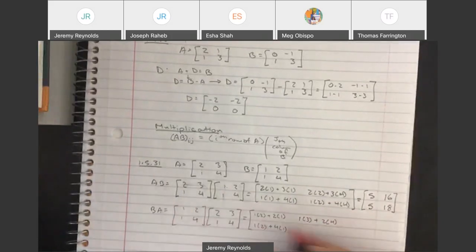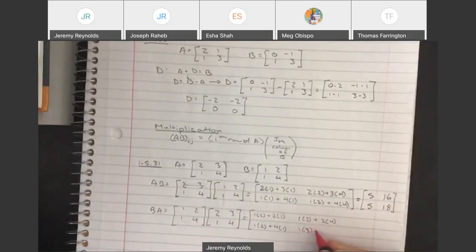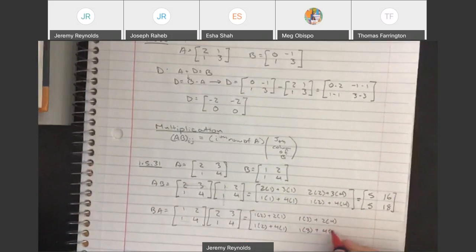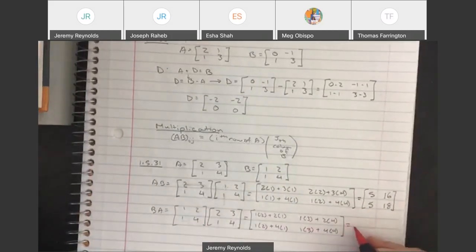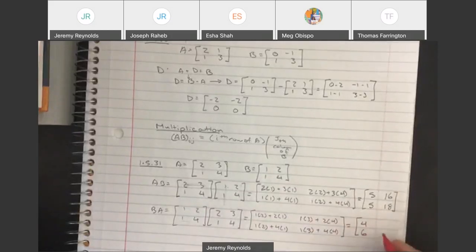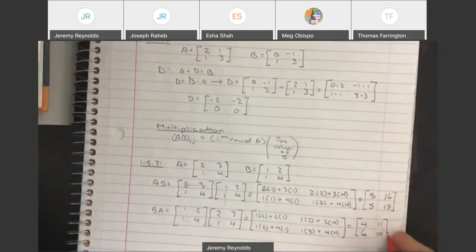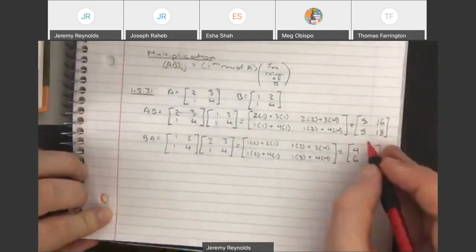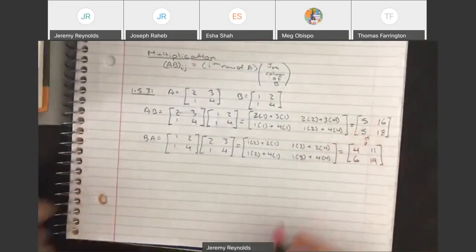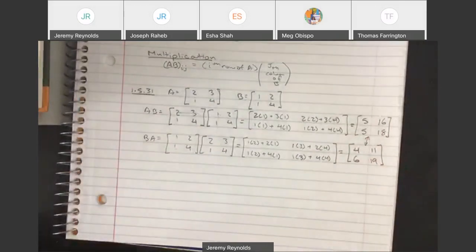And 1 times 3 plus 4 times 4. So just rows by columns. And this will give us 4, 6, 11, and 19. So we can see that we end up getting very different answers. So these are not commutative at all.